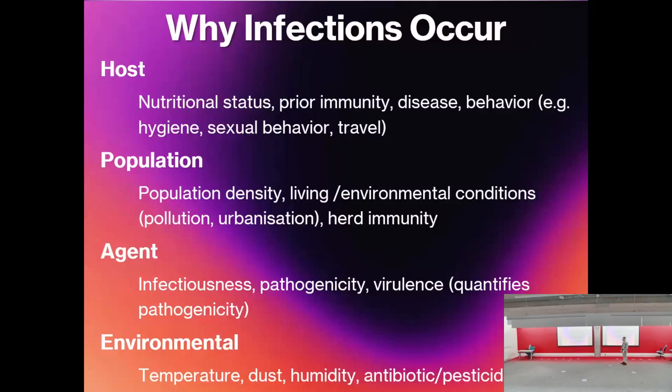You've got your immune system primed to it. We've got nutritional status. So how healthy is your diet? Have you got lots of fruits and vegetables in it? The healthier you are, the more likely you are to be functioning optimally. The more likely you are to be functioning optimally, the less likely you are to get an infection. And when you get the infection, the more likely you are to brush it off much, much quicker, the less severe it's likely to be.